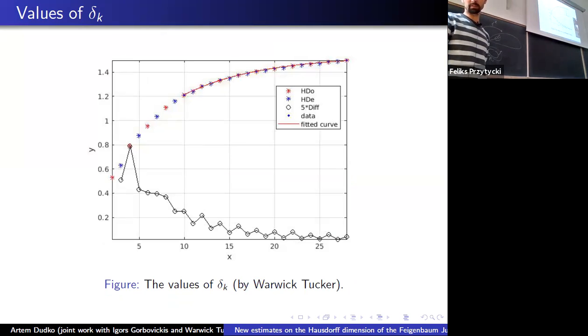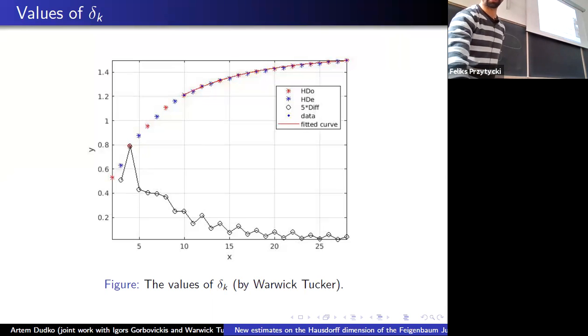Warwick noticed interesting fluctuations: if we take the difference between two consecutive bounds, multiplied by 5, it fluctuates, getting larger and smaller every two steps.